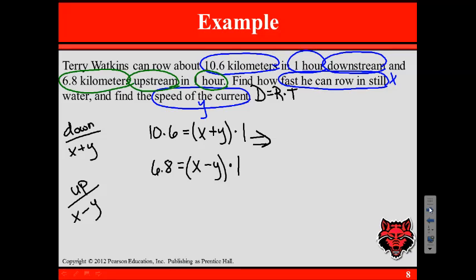So we simplify, we multiply the right-hand sides by 1. Anytime you multiply by 1, the other factor doesn't change. So we have 10.6 equals x plus y, and we have 6.8 equals x minus y. Now you may notice that your y variables are already opposites, so at this point it would be okay to add our equations together.